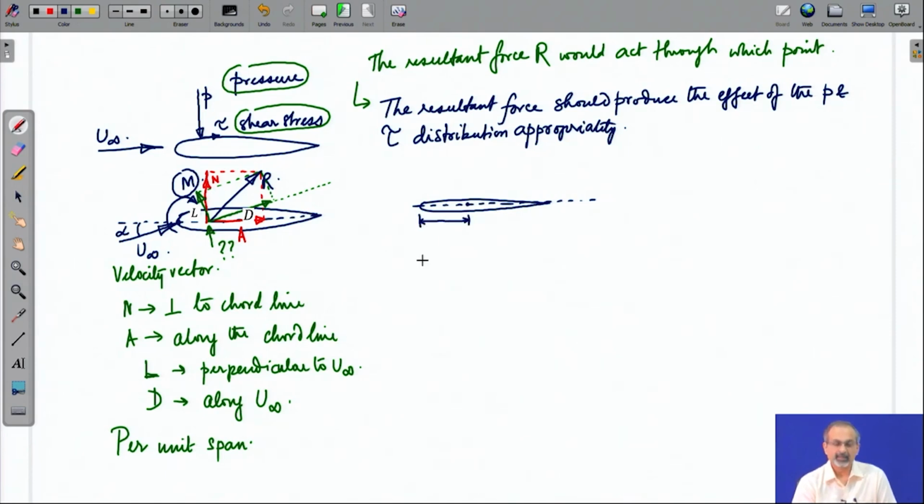For that, we will define a very important point called the center of pressure. So, we are locating that force R at a point which is at a distance of x c p from the leading edge and marking the moment at the leading edge as M l e.